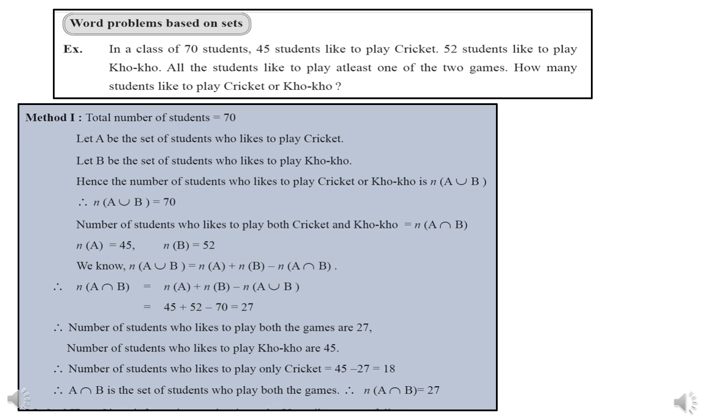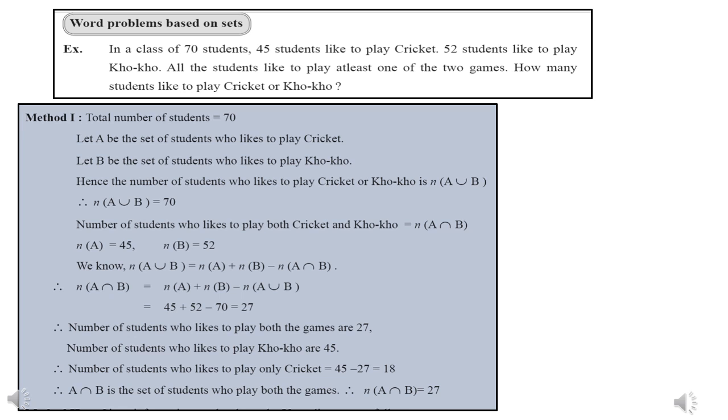So the number of students who like to play both the games is 27. The number of students who like to play Kho-Kho is 45. The number who like to play only cricket will be 45 minus 27.